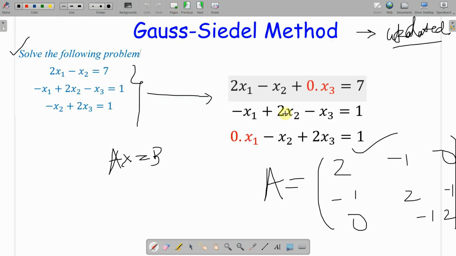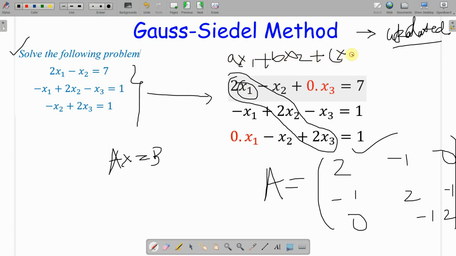And one more thing, see here, this is already the diagonally dominant condition. So 2 to 2 is there, the coefficient of x1 is greater than the others. If I write an equation ax1 plus bx2 plus cx3 equals d, if a is greater than b plus c, then you will go for this method.